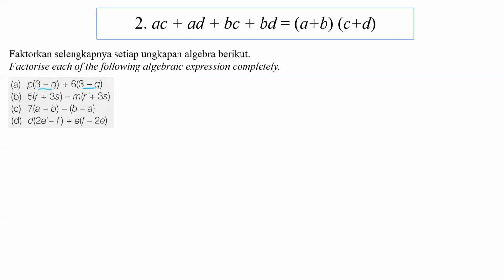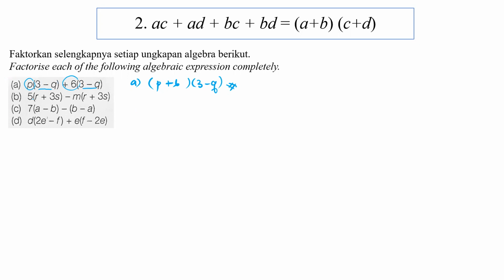So let's factorize that out. We put 3 minus Q at the back. After I've taken out 3 minus Q, I'm left with P, and this one is left with plus 6. That's our factorization for A.